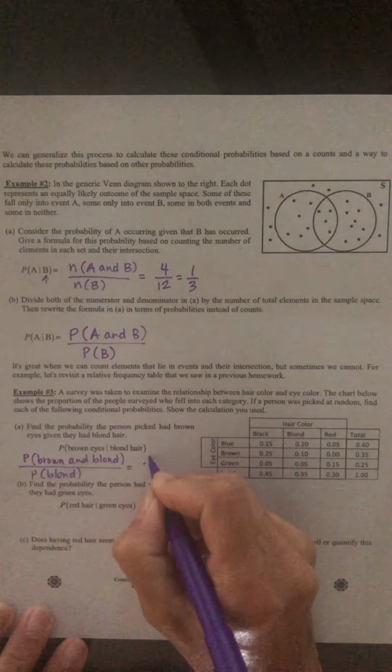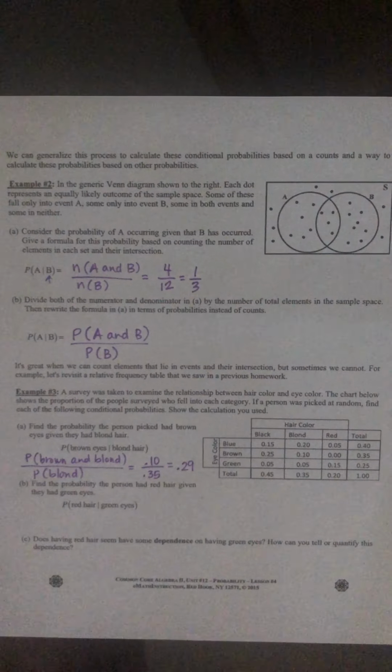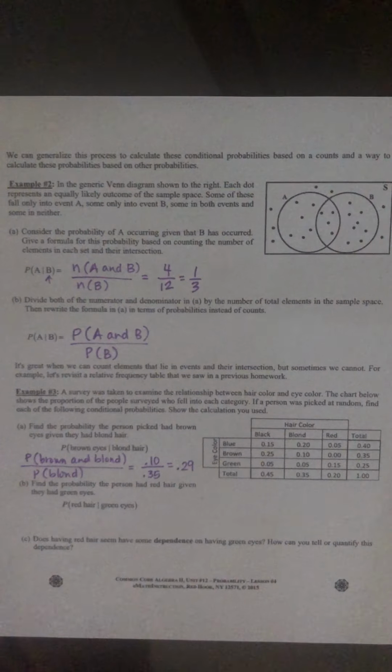This one, I would hit up my calculator and simplify just so I had a better idea of the number. And you're going to get 0.29. And what that means is, ready for this? 29% of the blonde-haired people have brown eyes. That's the probability that you have brown eyes given you have blonde hair. So if I isolate all those blonde hair people, 29% of them would have brown eyes.